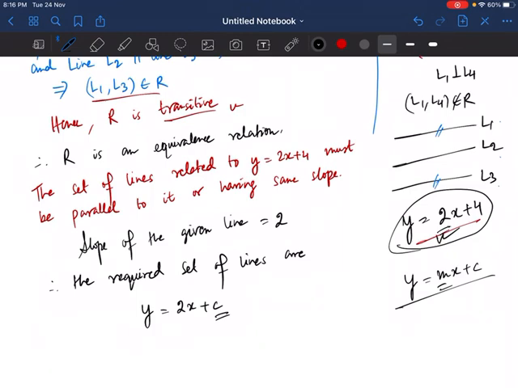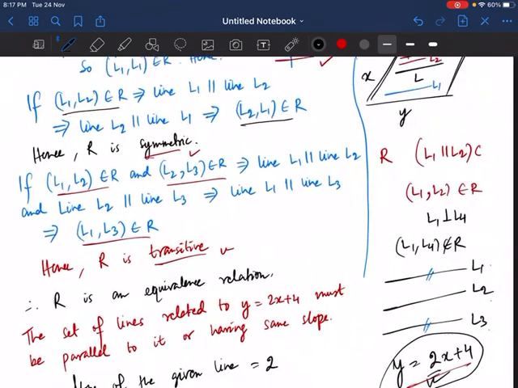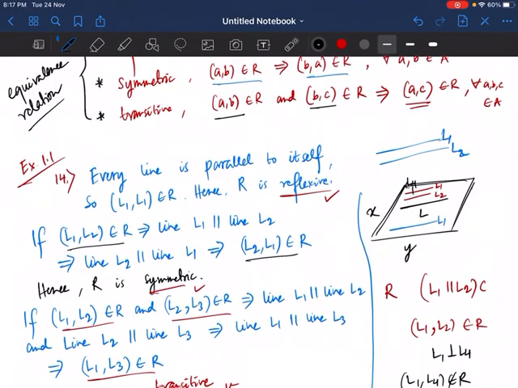It can be 1, it can be 2, it can be -1, it can be -3, it can be anything. So for different values of c, you can get different lines which are parallel to this particular line, that is y is equal to 2x plus 4. But once you put c as 4, you get that same line, y is equal to 2x plus 4. So this is how we solve questions like this of equivalence relation in exercise 1.1.